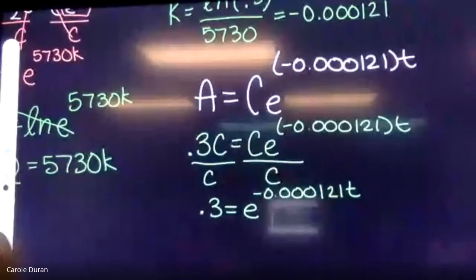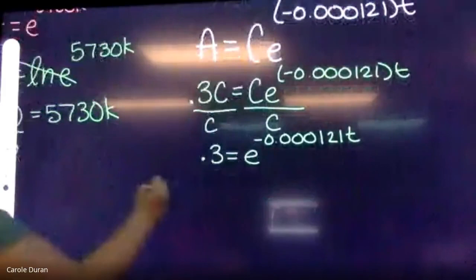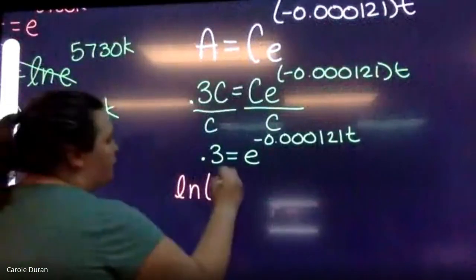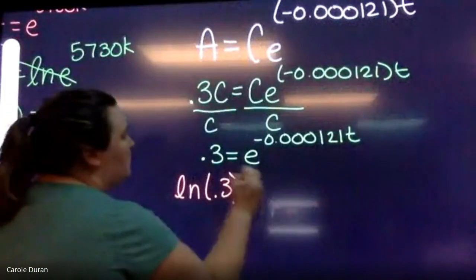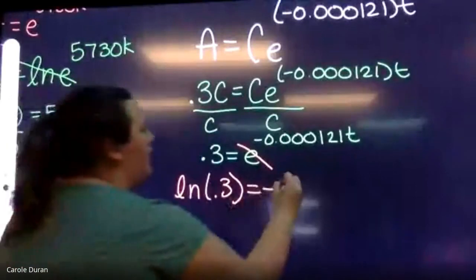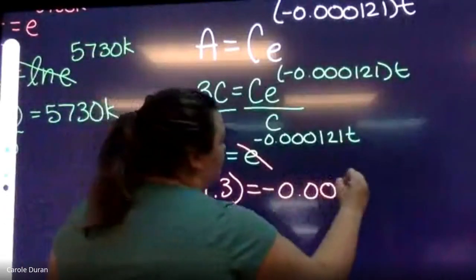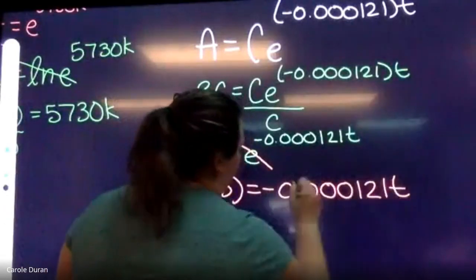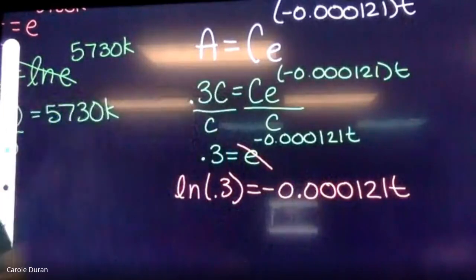Once you learn these shortcuts, you don't have to show every single step happening. So what's happening is I have natural log of 0.3 equals, the E is going to go away with the natural log, and I just have the negative decimal T. Right? We're all kind of okay with that.